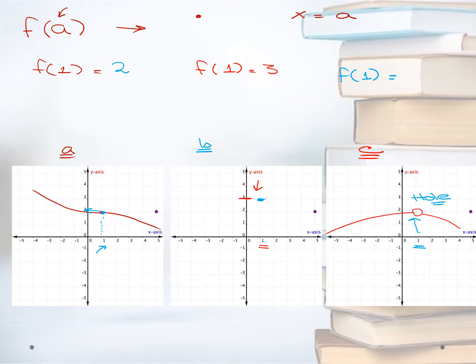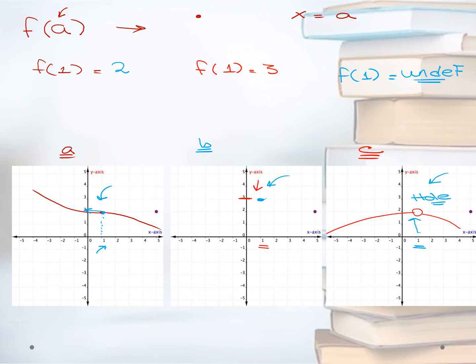It means there is no included point, no shaded point. So at 1 the function is undefined. So you read the included or shaded point in the graphs, and if there is a hole, you say that the function is undefined at that point.